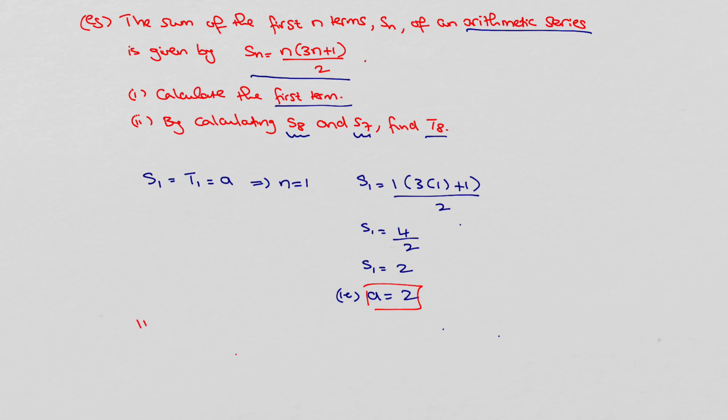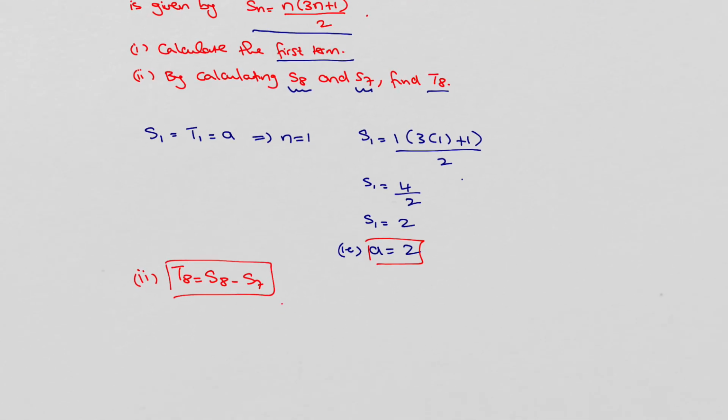The second part of the question says, by calculating S8 and S7, find T of 8. That's because T of 8 will be the difference between S8 and S7. So if we find S of 8, wherever there's an n, I'm going to put 8.